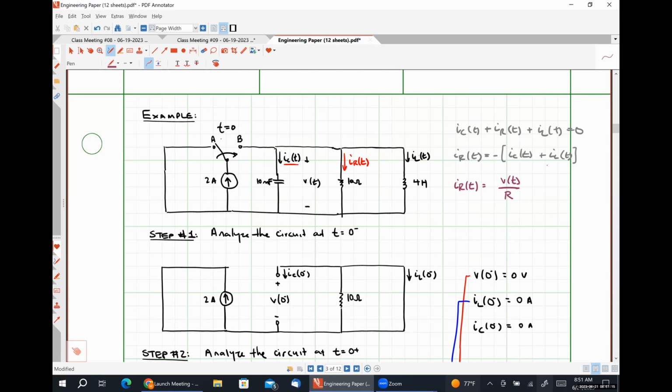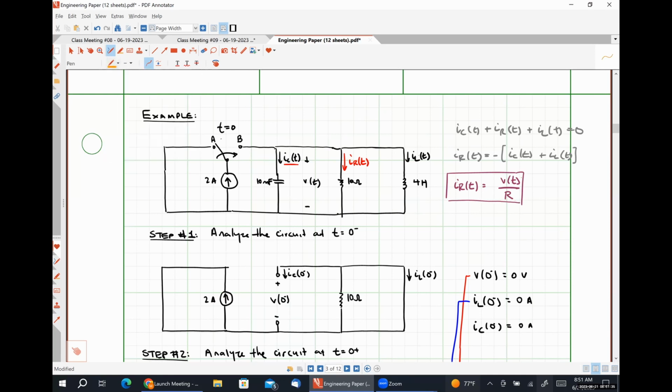We don't need IC and IL. And as we'll see here in a moment, I'm going to wind up solving for V of t in order to solve for IC of t anyway. So I would argue that this is the route that we should use to solve for IR.